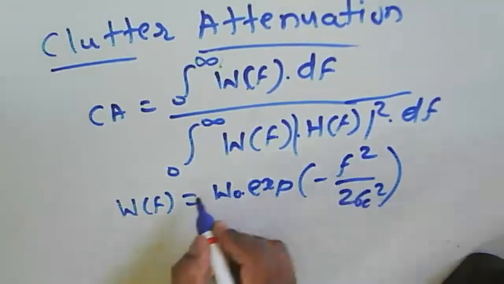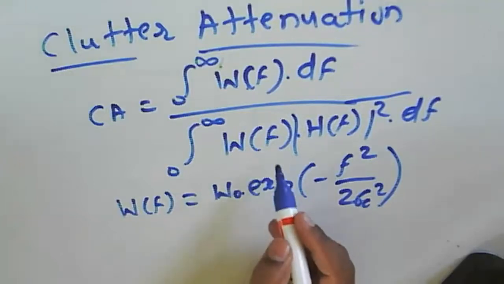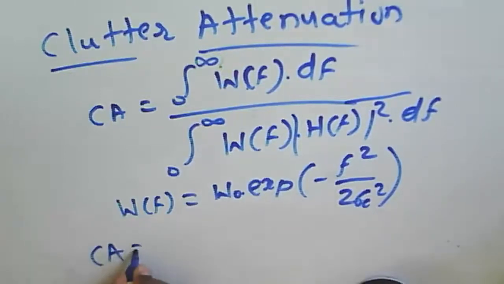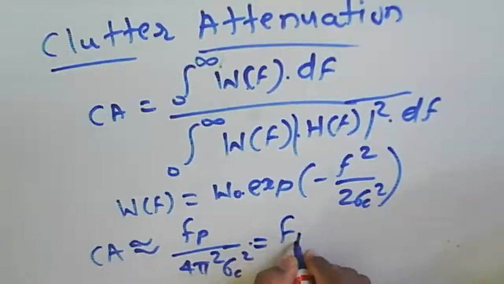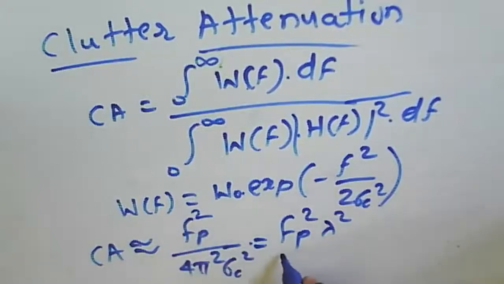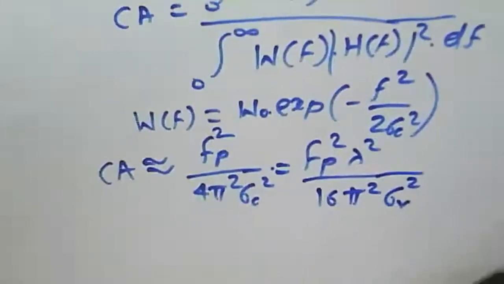If we write this expression W of F and solve for the given pulse repetition frequency, we get CA approximately equal to fp square by 4 pi square sigma c square, which is equal to fp square lambda square by 16 pi square sigma c square. Okay, this is about the clutter attenuation.